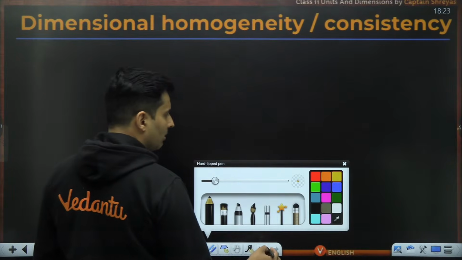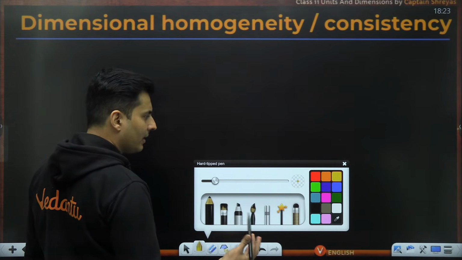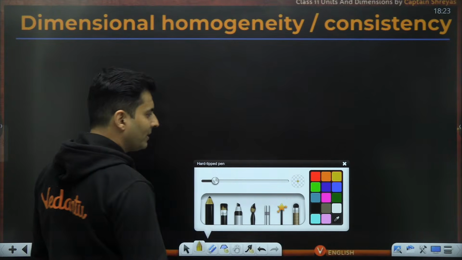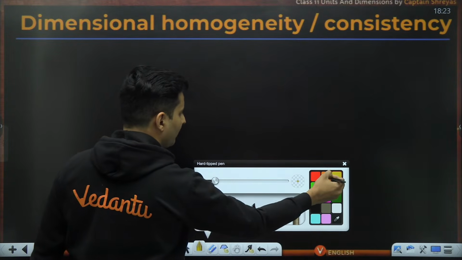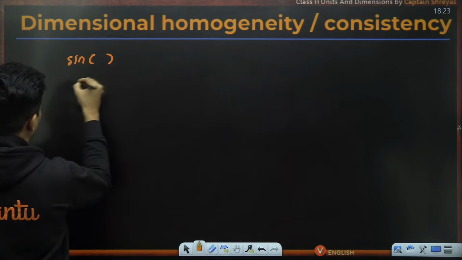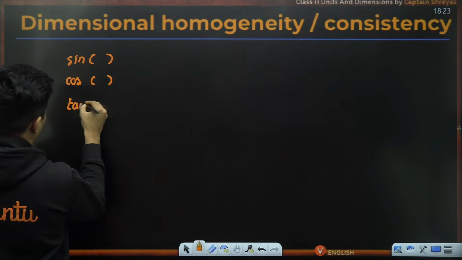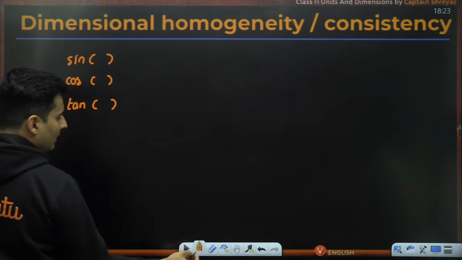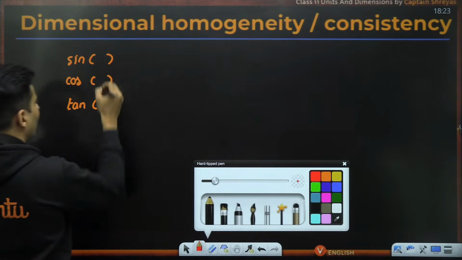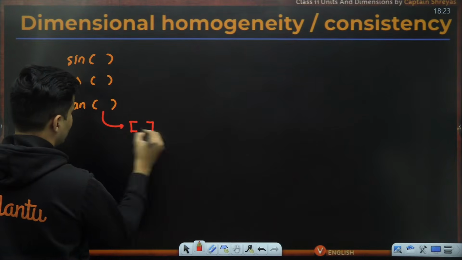Imagine quantities like trigonometry, logarithm, exponential, etc. They are always going to be dimensionless. So say for example, we have a quantity like sine of something, cos of something, or tan of something. Then please remember, whatever is inside of this is always going to be dimensionless.